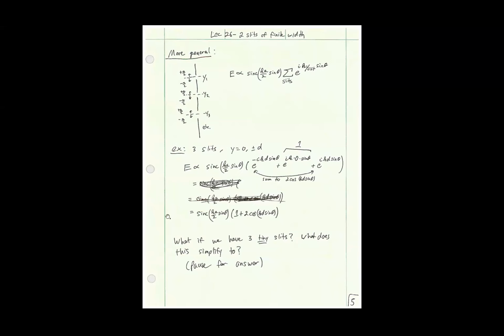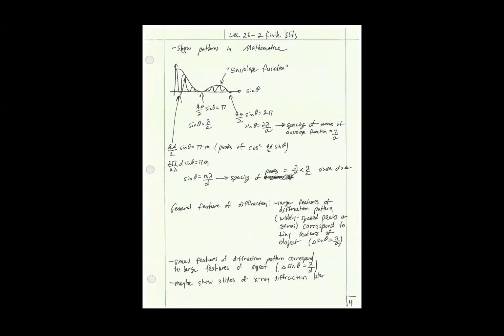If the slits are very tiny, which variable goes to 0, a or d? a, sorry. All right, and what's sinc of 0? It's not 0, because it would be sine of 0 over 0. And what's sine of 0 over 0? Indeterminate. Okay, yes, it depends on how we take that limit.